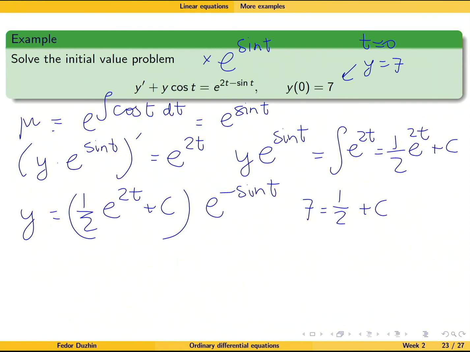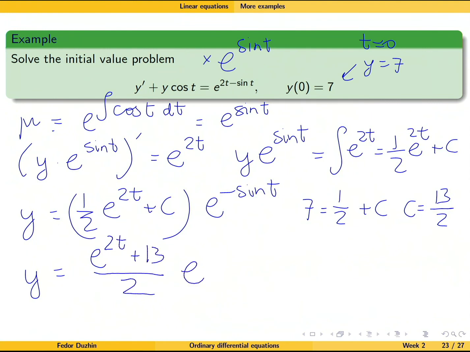So c equals 7 minus 1/2, which is 6.5, or 13/2. So finally y equals 1/2 e to the 2t plus 13/2 times e to the minus sine t.